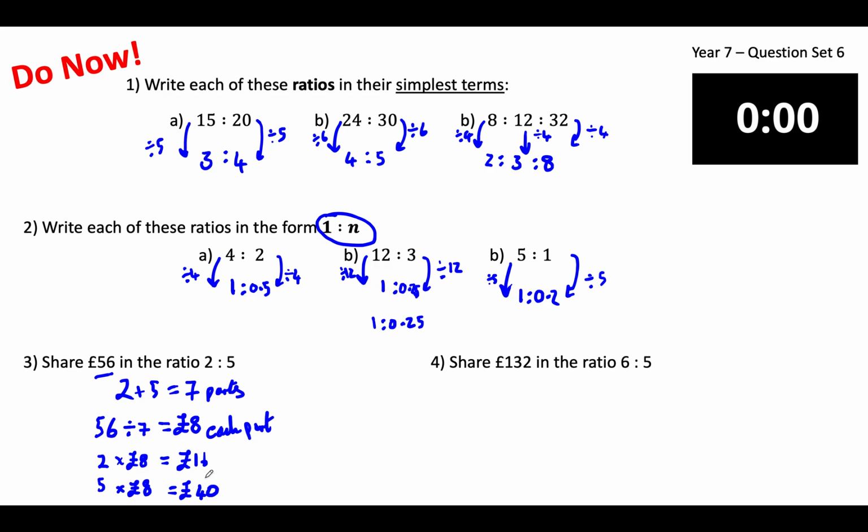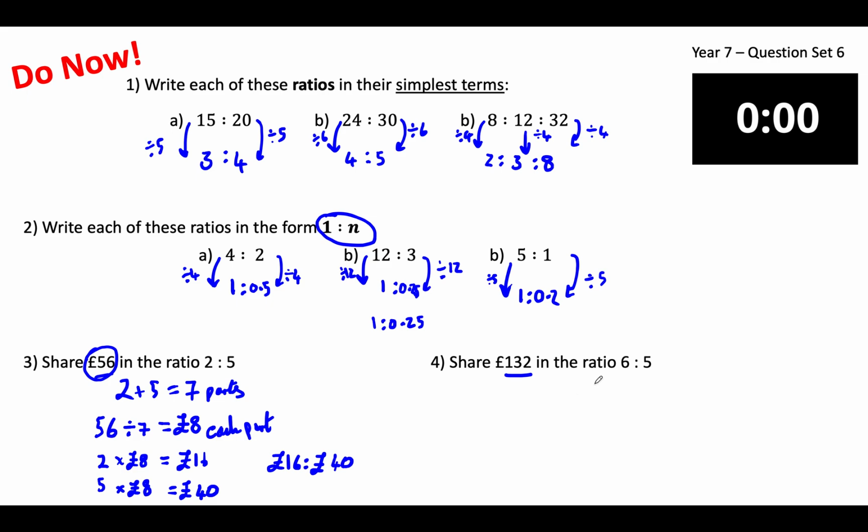And a quick check, if you added those two together, you would get 56, which is what we started with. So that's great. Now, some questions do like you to write your answer in a ratio again. So sometimes it's a good idea to do that. So 16 to 40. And make sure it's gone the same way round as your original. 2 to 5, 16 to 40.